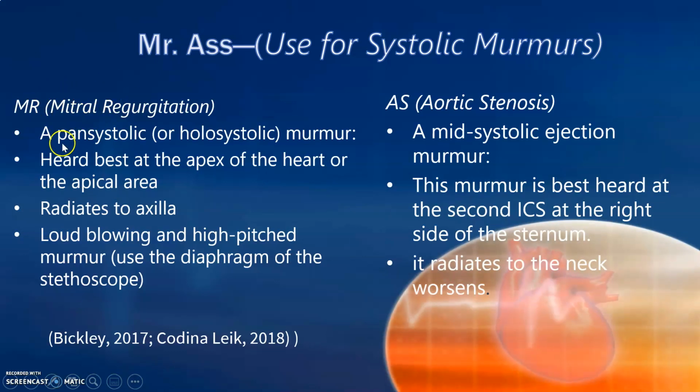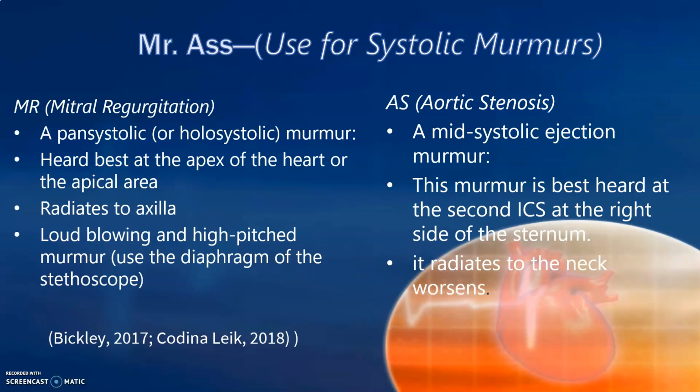What you'll hear for the murmur will be a pansystolic or holosystolic murmur. It's best heard at the apex of the heart, or the apical area. Do not get the word apex or apical area mixed up with aortic. The top of the heart is actually the base of the heart. The pointed part of the heart is called the apex or the apical area.